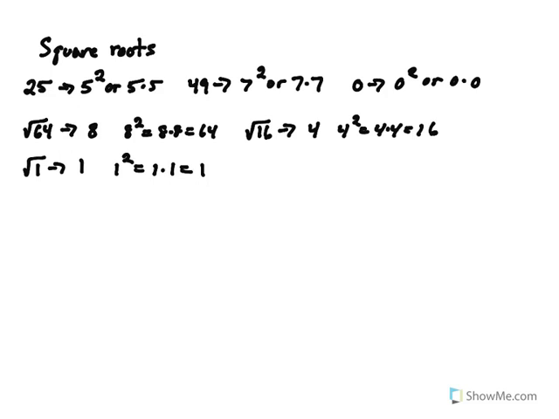You can even look at fractions. For example, square root of 4 over 9 is equal to square root of 4 divided by the square root of 9. If you take the square root of 4, we're going to get 2. You take the square root of 9, you get 3. So 4/9 is a perfect square. It also works with decimals as well.